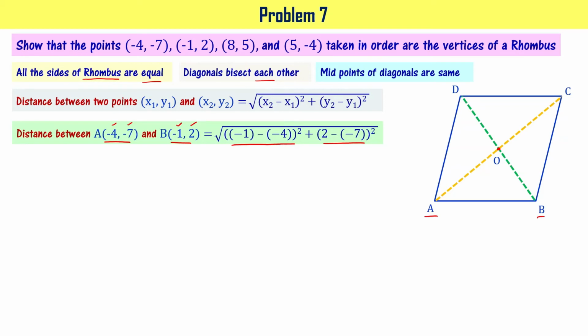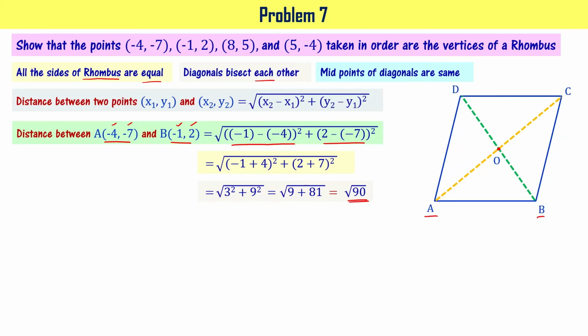When you substitute and simplify, you get the square root of (-1 + 4) whole square plus (2 + 7) whole square, right? When you simplify it further, you get the square root of 3 square plus 9 square, that is equal to the square root of 9 plus 81, that is equal to the square root of 90.